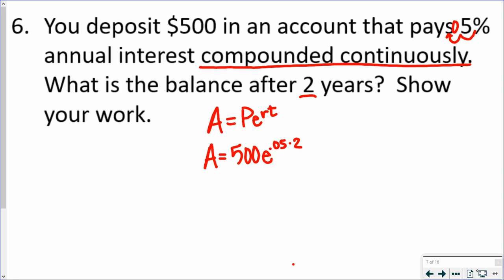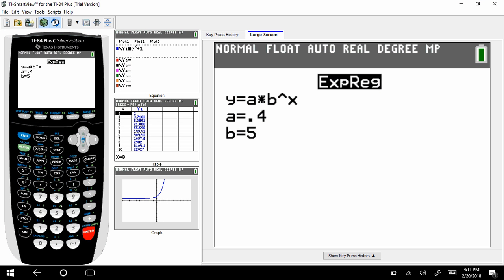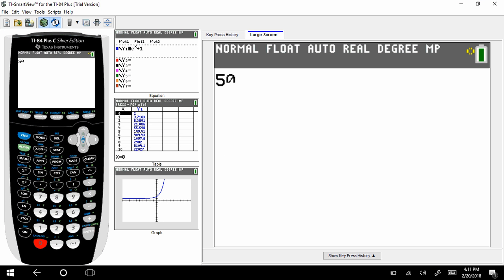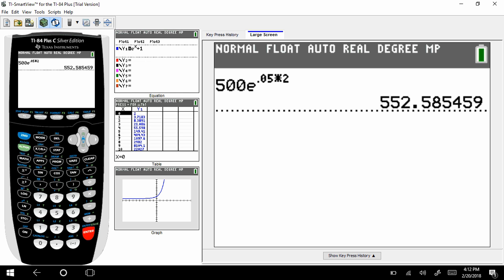Okay, so now let's plug that in. So 500 times e to the 0.05 times 2. And this time, 2 decimal places makes sense here just because that is the cents for your dollar amount. So $552.58.